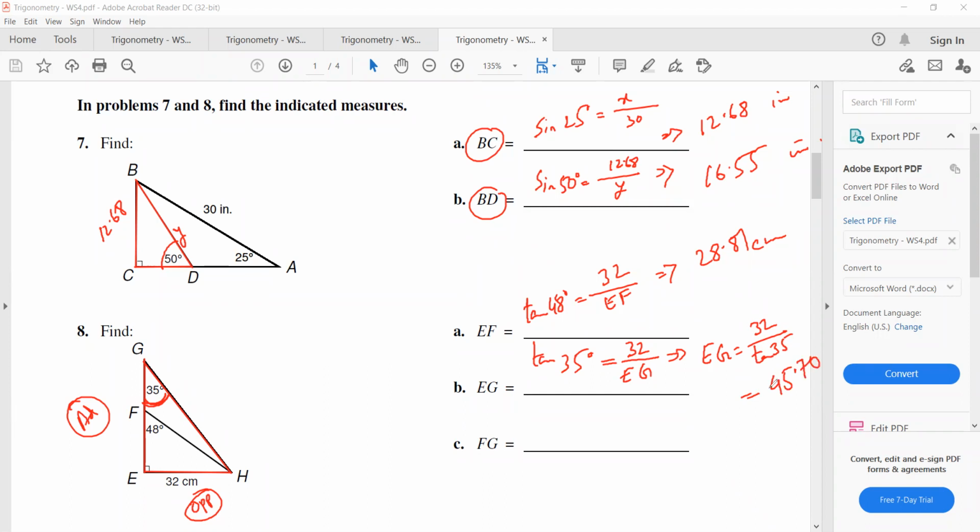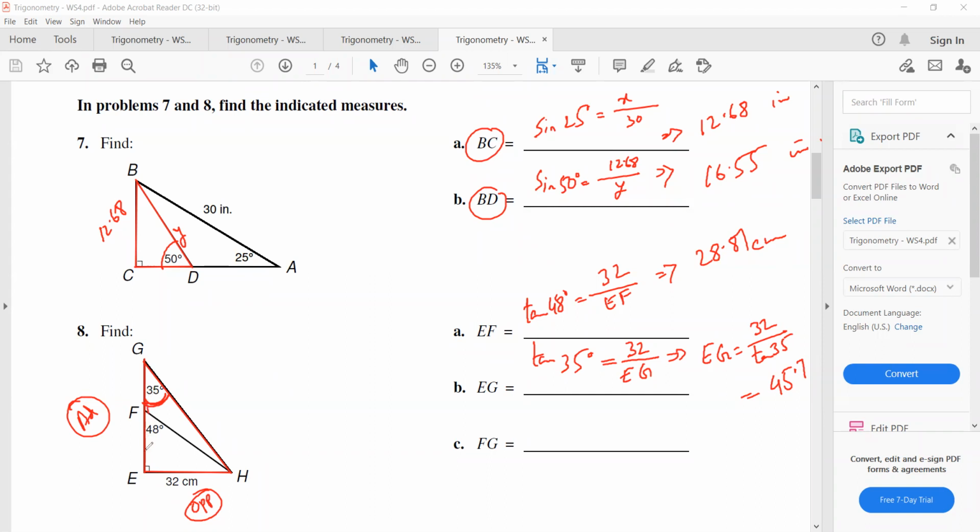Ma'am, won't we include the EF? EF is already included here. You are taking this together. If you found this and this separately, then you will add. This is all together, right? Look here. Don't be confused.